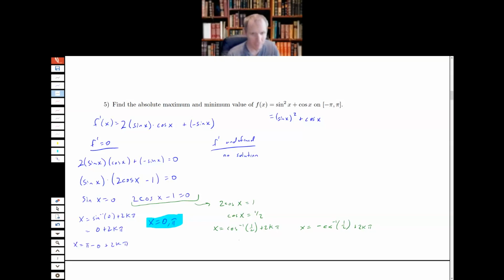Use your calculator, make sure it's in radians, and you plug in cosine inverse of 1/2, and you should get pi over 3. Maybe you have to factor out a pi or something like that to find that. So we'll get x is pi over 3 plus 2k pi, and x is negative pi over 3 plus 2k pi. Okay, so in the negative pi to pi range, pi over 3 and negative pi over 3 are going to fit. And nothing else.